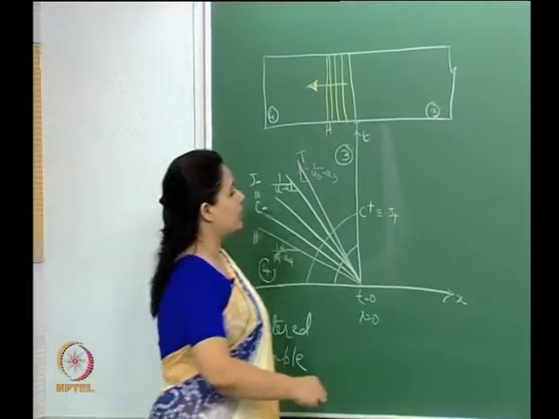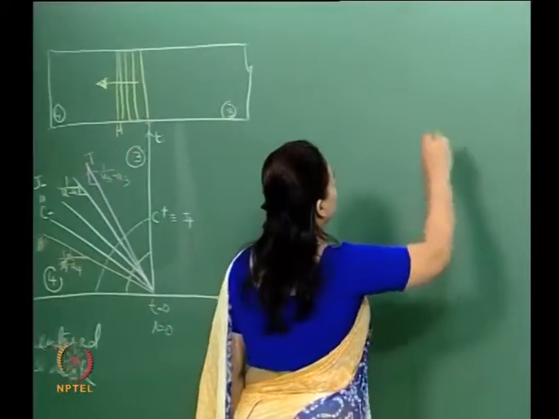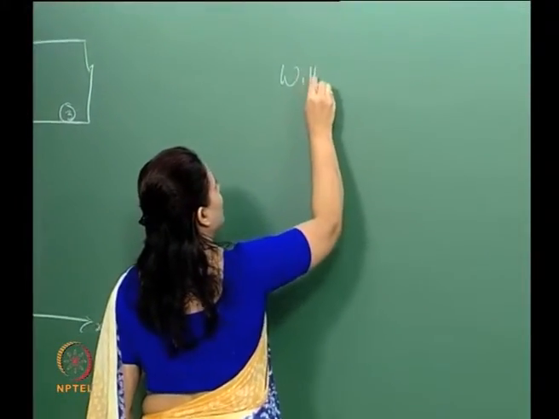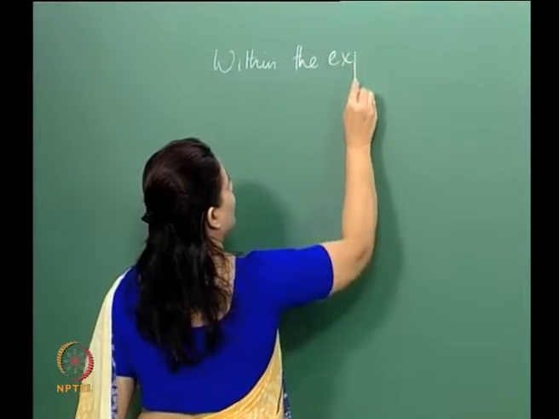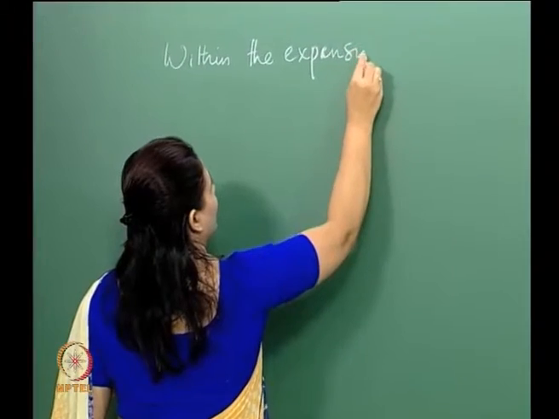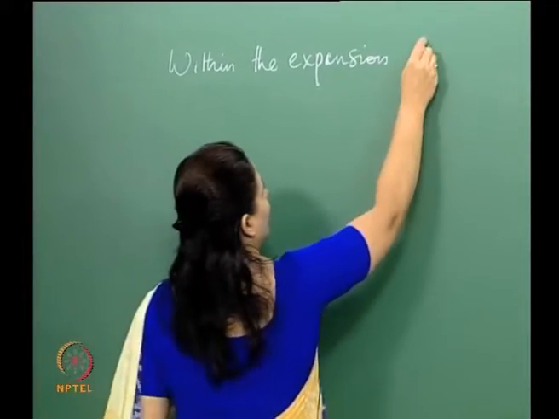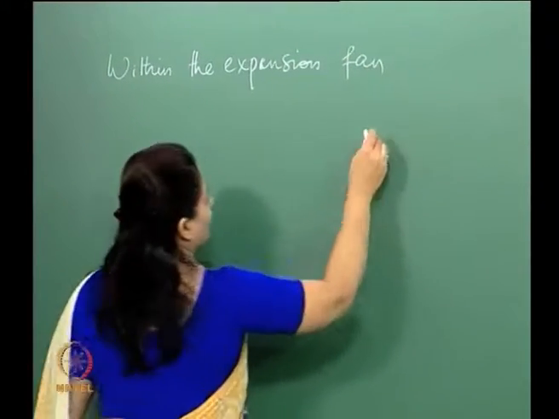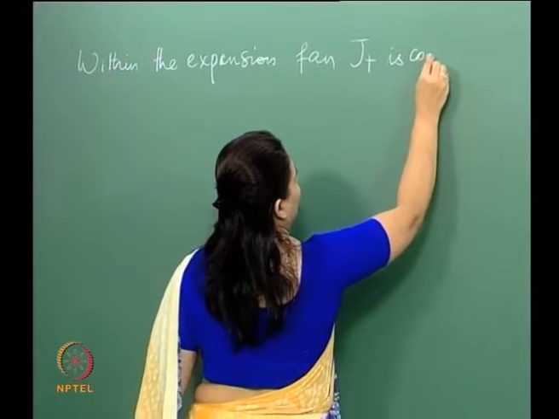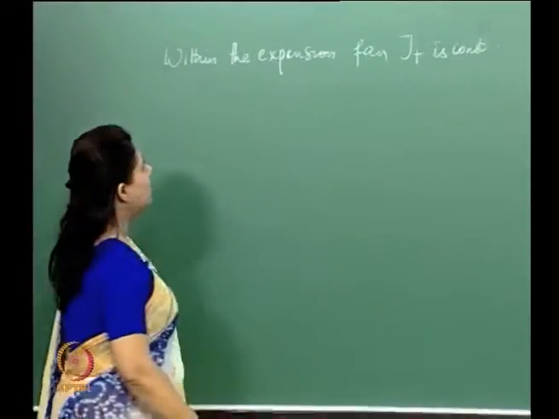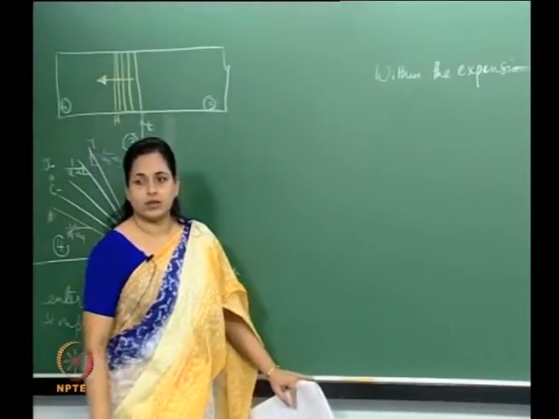So what we are basically saying is that within the expansion fan, J plus is constant.